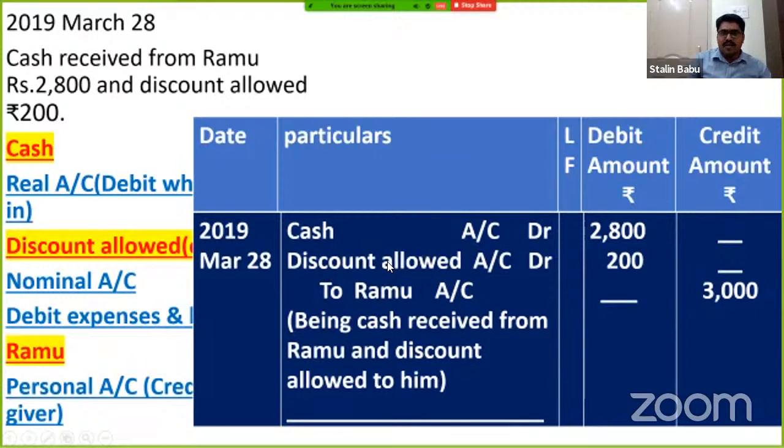It may be allowed or received; in the given transaction, it always follows the cash. If cash account is debited, the discount also moves to debit. Cash account credited, the discount also goes to credit. This is one technique. Remember, don't confuse whether we have to debit the discount or credit the discount. It always follows the cash account.